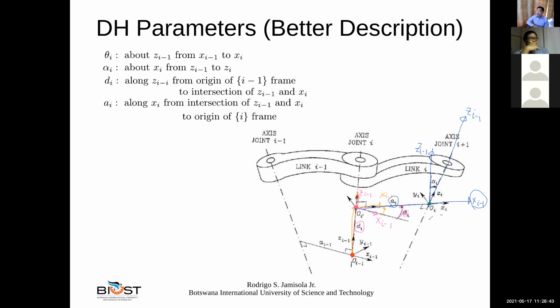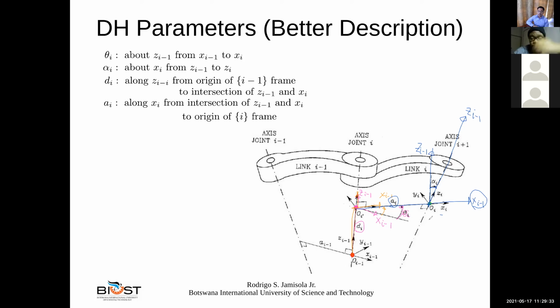Okay. So the principle really of the four basic transformations in the DH using the DH parameters is that you perform those four basic transformations in such a way that your reference frame from the I minus 1 reference frame position and orientation, you move towards the I frame, using all those four parameters for the four basic rotations.